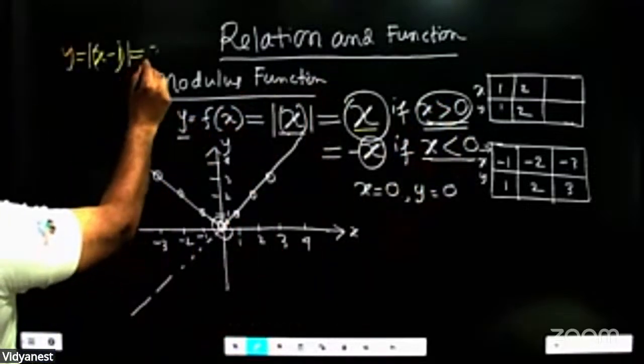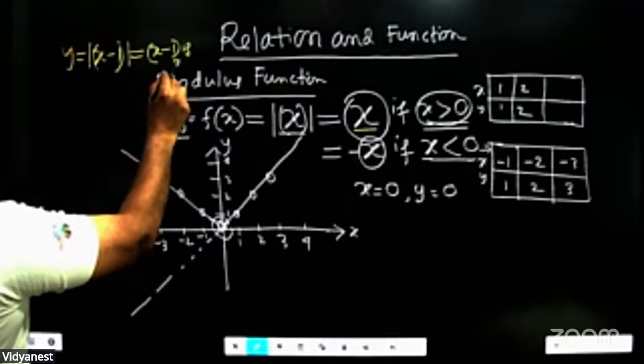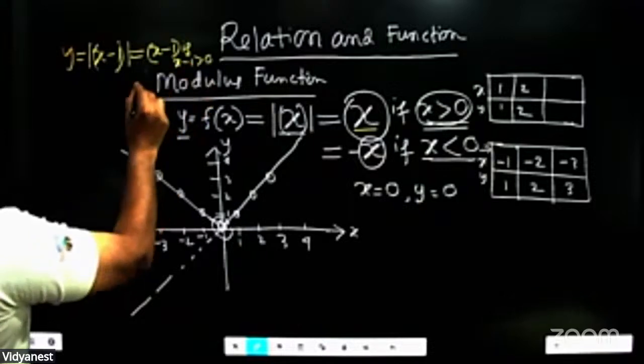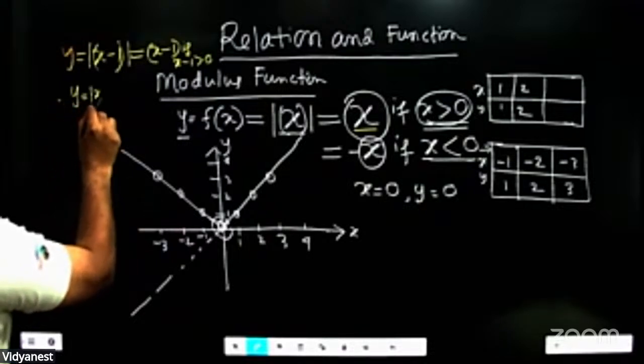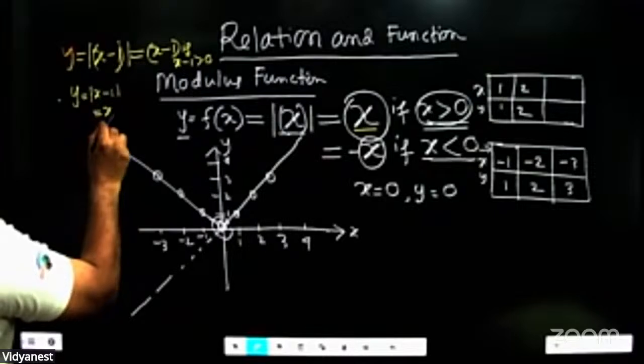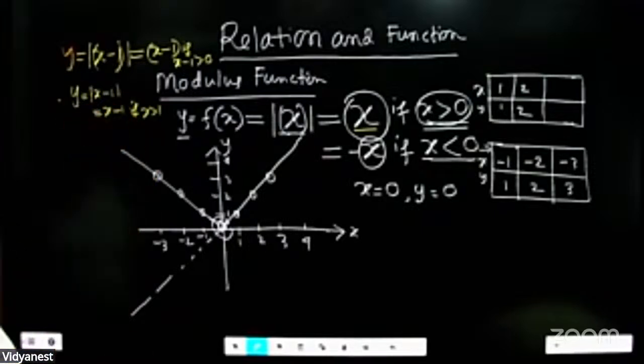So it will remain with plus sign if x minus 1 is greater than 0. That means y is equal to x minus 1 if x is greater than 1.